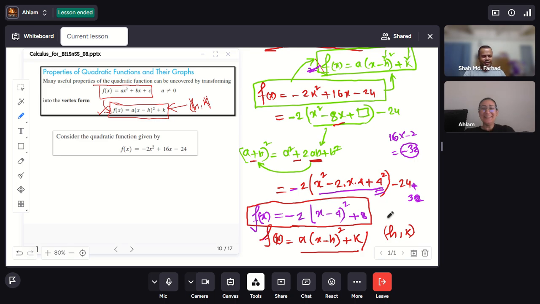So finally we got the vertex point. We can rewrite this as f of x equals negative 2 times (x minus 4) power 2, plus 8, and here (h, k), that means the vertex point is (4, 8).